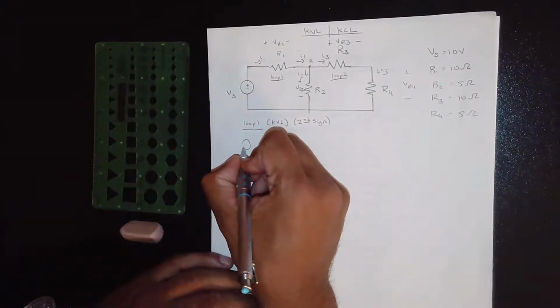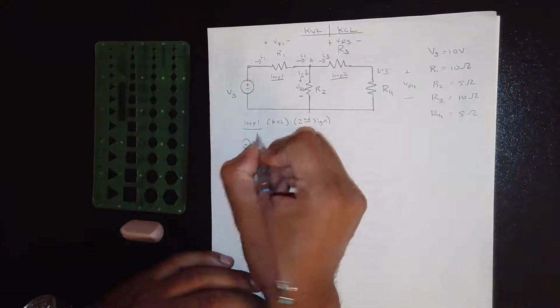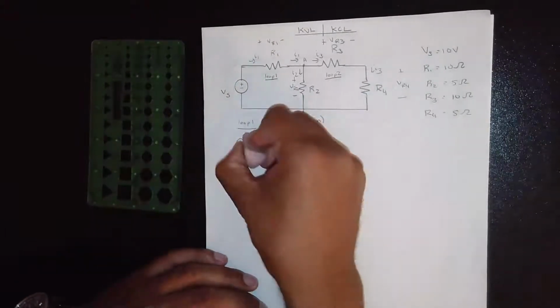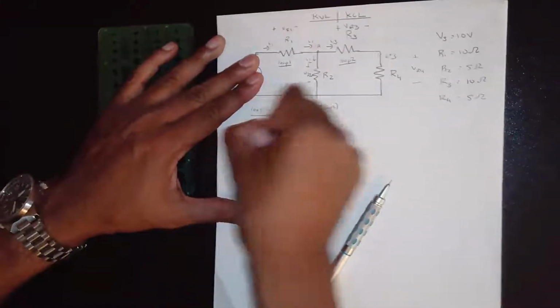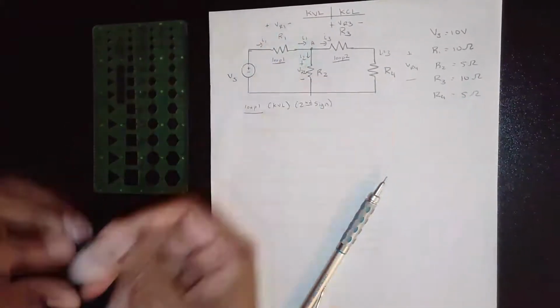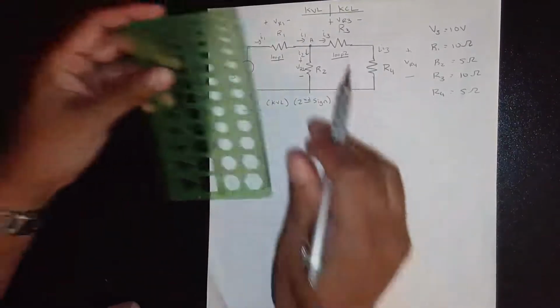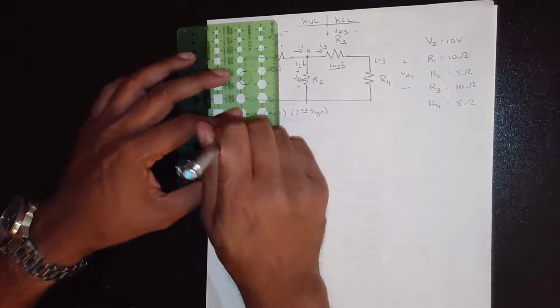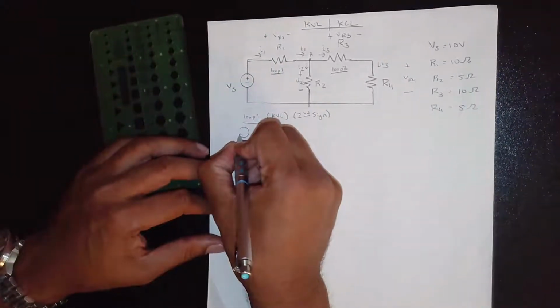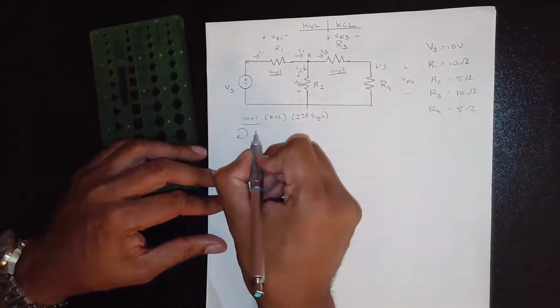So sum of the volts, right? Let me get my summation sign correct. Let me just erase all this. Let me make it a little cleaner for you guys here. You probably appreciate this more anyway.